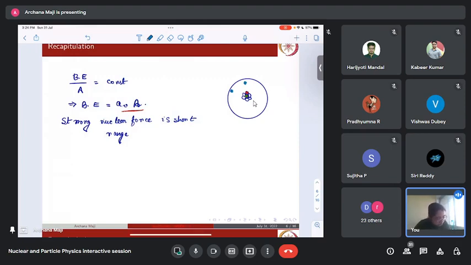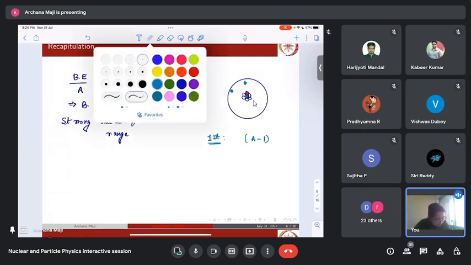Then the nuclear binding energy due to this green nucleon would have been that, if the green nucleon is the first nucleon, say, then it would have been interacting with A minus 1 other nucleons.